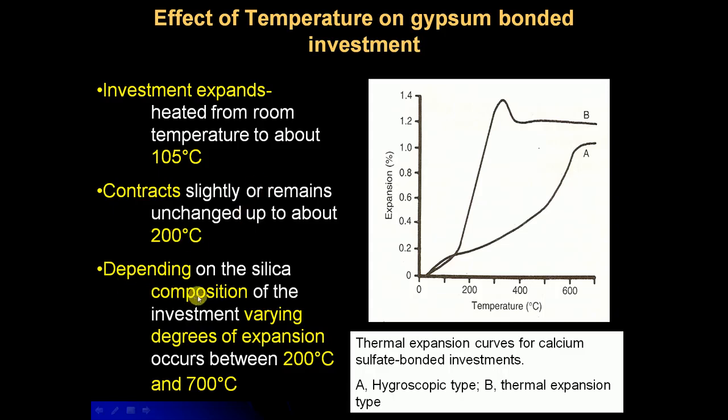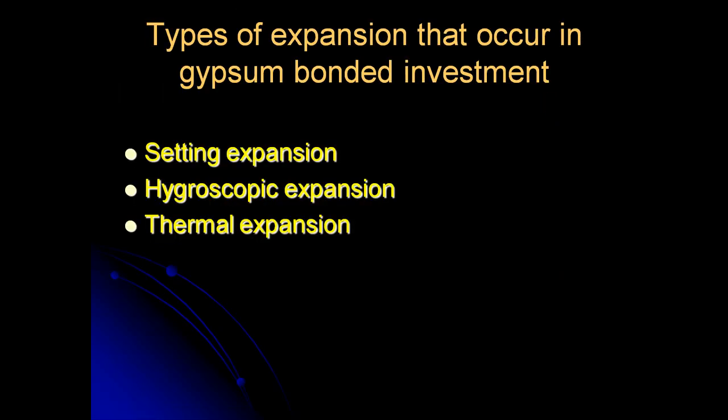Depending on the silica composition of the investment, varying degrees of expansion occur between 200 and 700 degrees Celsius. These are thermal expansion curves for the calcium sulfate bonded investment: A is the hygroscopic expansion and B is the thermal expansion. The types of expansion that occur in gypsum bonded investments are setting expansion, hygroscopic expansion and thermal expansion.